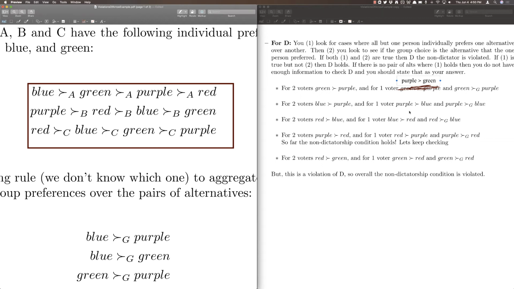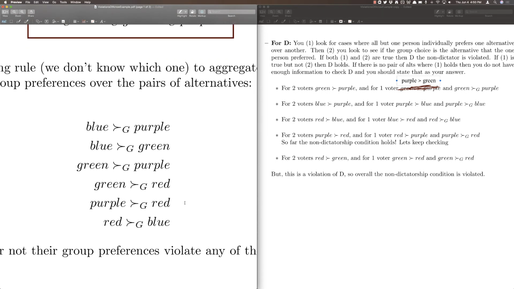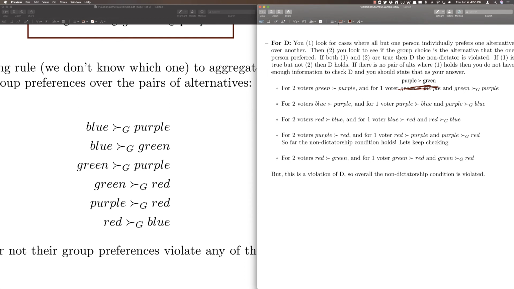This is a situation we can use to check if, yeah, so they've got a mistake here too. Goodness. I was doing this fast while in between meetings, and so the group here prefers blue to purple just like the 2, so we're fine on that one also.